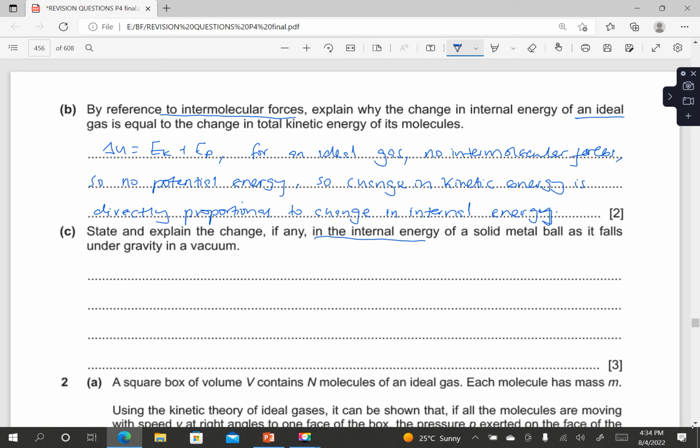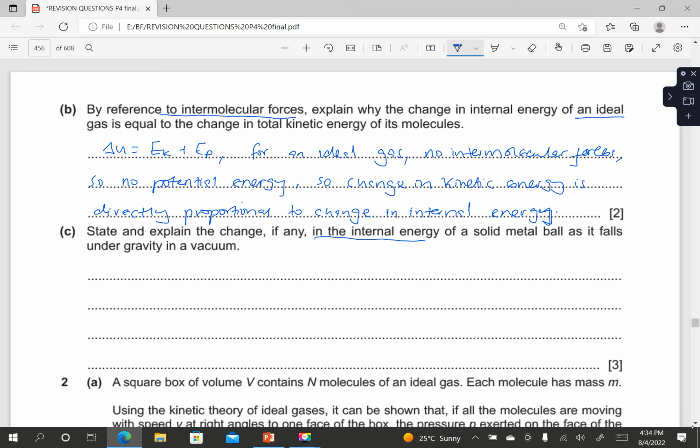In a vacuum, that means there will be no resistive forces. So we cannot think about air resistance or resistive forces which would cause heating to the ball. The ball is not compressed, so we can't say work is being done on the ball. If we think about it that way, there will be no change in internal energy.